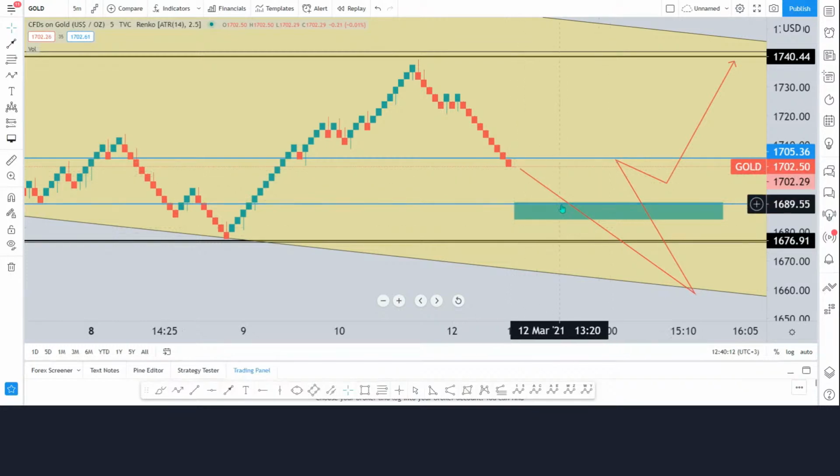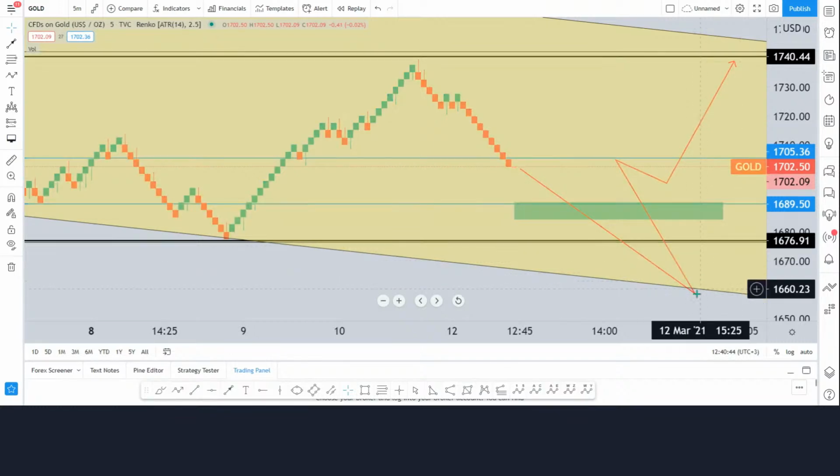We expect it to continue its corrective wave either to this area, the green one at level 1689, and it will reverse back, or it will continue to go down to the black line, which is our support line at level 1676, or it may go further down to the lower band of the channel at level 1660.